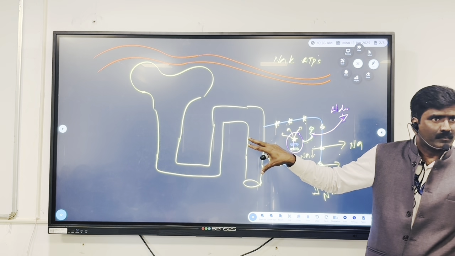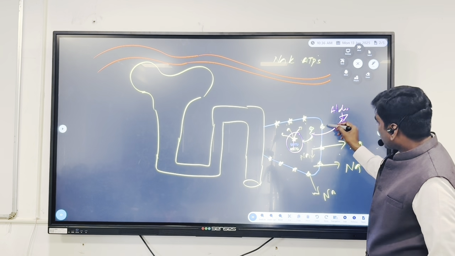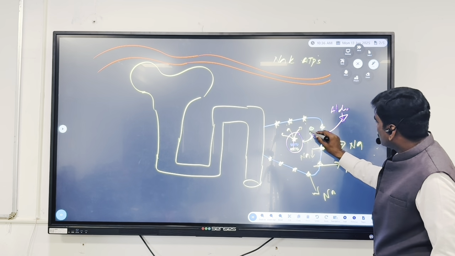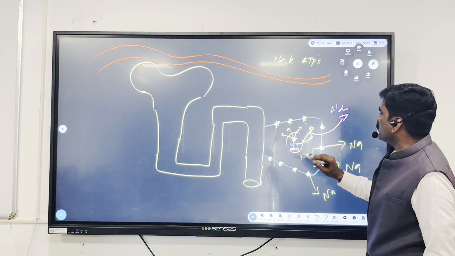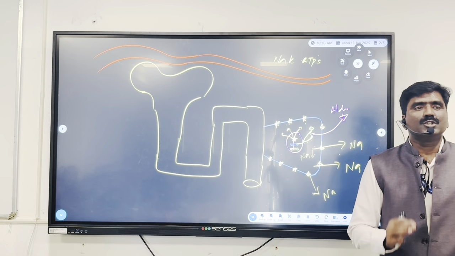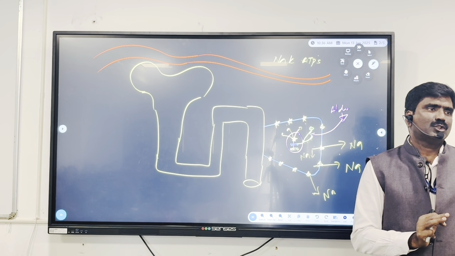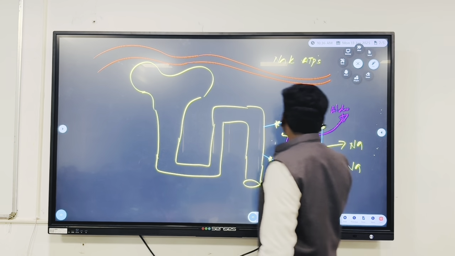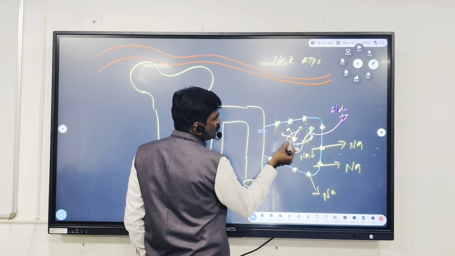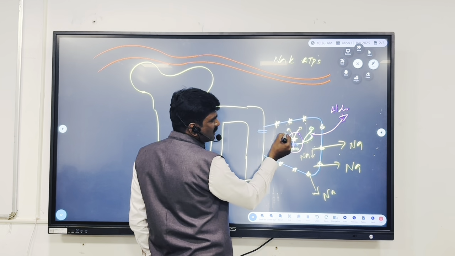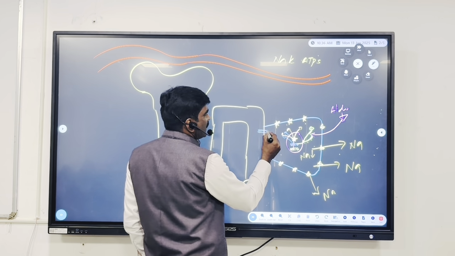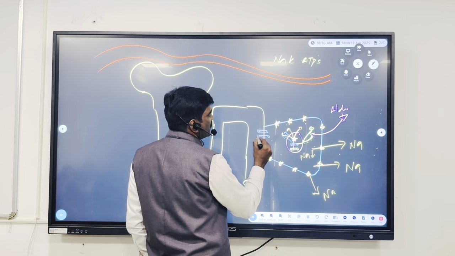Is it clear till here? Then second, what did it activate? The second gene, and it synthesizes the sodium channels. Sodium channels are the gateway for sodium. New sodium channels are synthesized and planted in the walls of the collecting tubule.